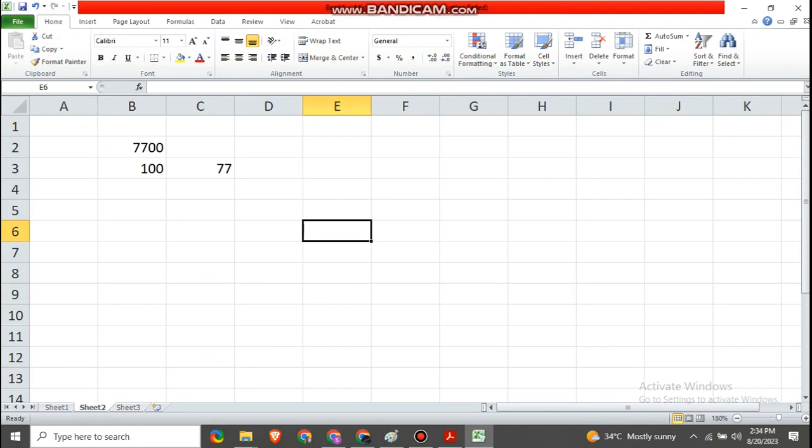Now, if we require 77 operators, then we need to find out how many supervisors we need to supervise them. We know that one supervisor can supervise 10 operators. That means 7 supervisors can monitor 70. How many employees do we have?